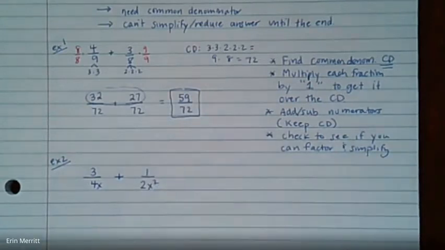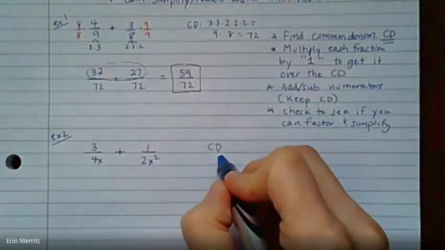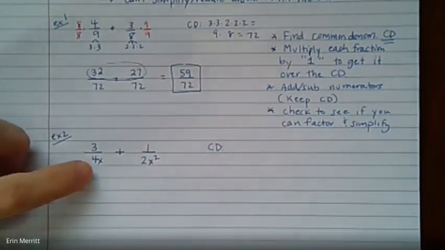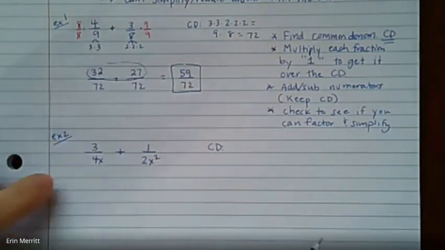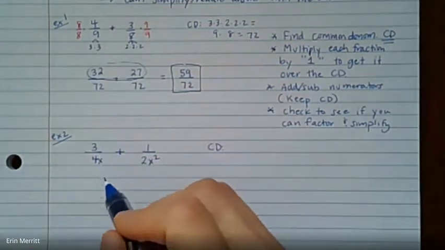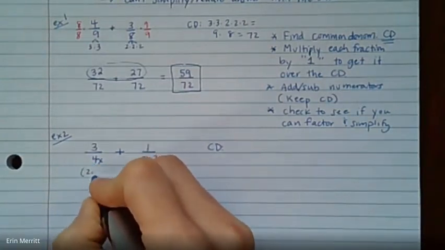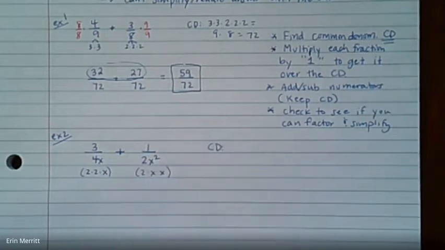plus 1 over 2x squared. To be able to pick out the common denominator, we mentioned it has to have all of the factors here. In this case, this one is 4 times x. This one is 2 times x squared. If it helps, you might want to think of this as 2 times 2 times x, and here, this is 2 times x times another x.